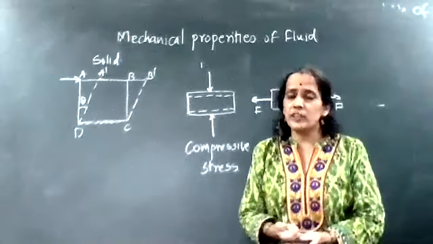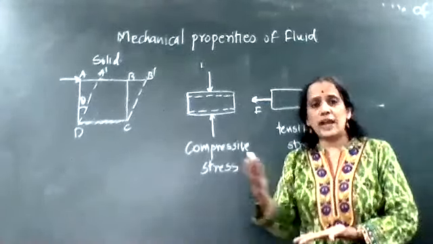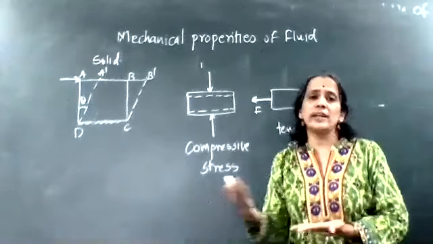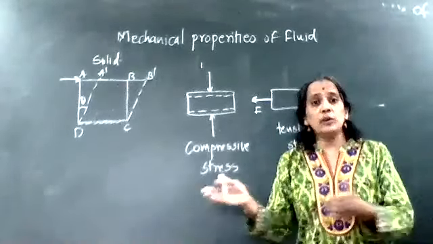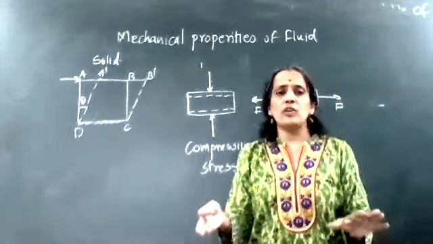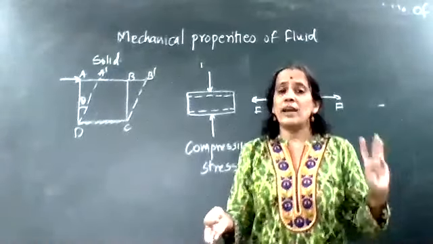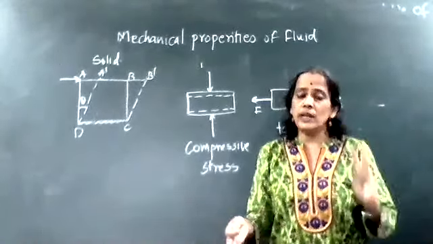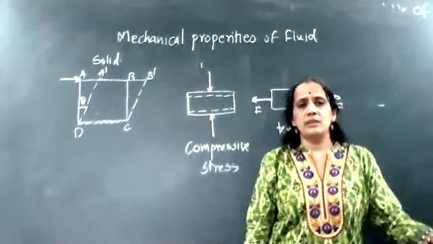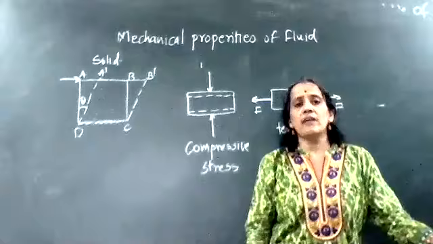Their modulus of rigidity and Young's modulus are 0. That is the basic difference between solid and liquid. Due to this property, as a solid has all three moduli, it has a definite shape, while a liquid has only the bulk modulus. Therefore, a liquid possesses only volume and doesn't have a definite shape.